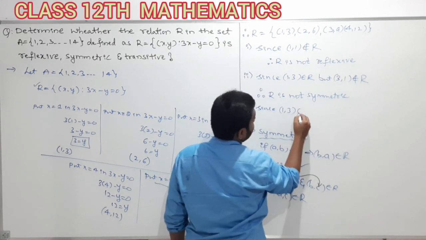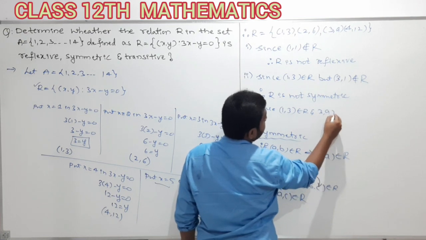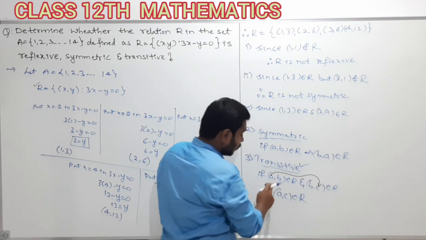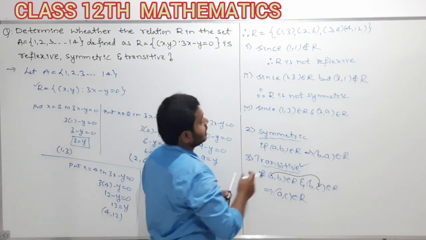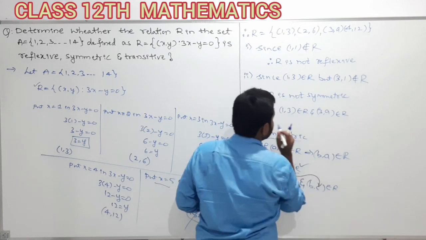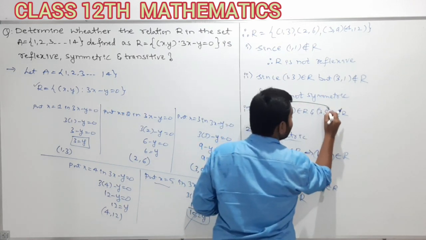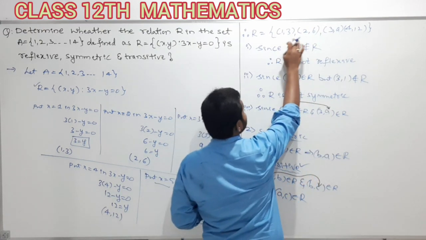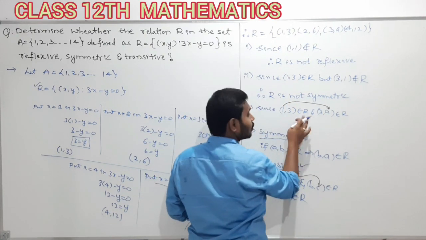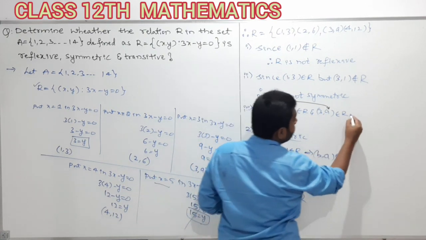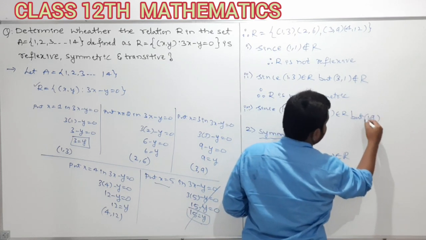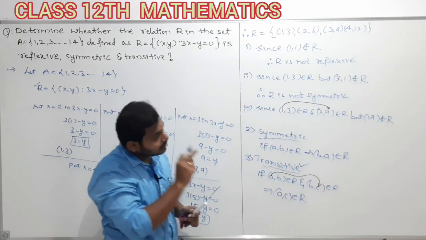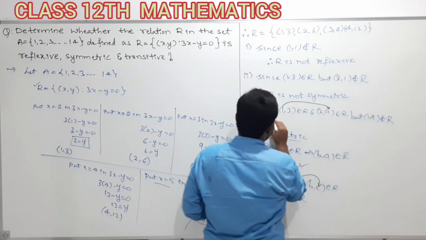Since 1, 3 belongs to R and 3, 9 belongs to R, we should check whether A, C, that is 1, 9, is there or not. 1, 9 is not in the relation R. Since 1, 3 is there, 3, 9 is there, but 1, 9 does not belong to R. This symbol represents does not belong to.